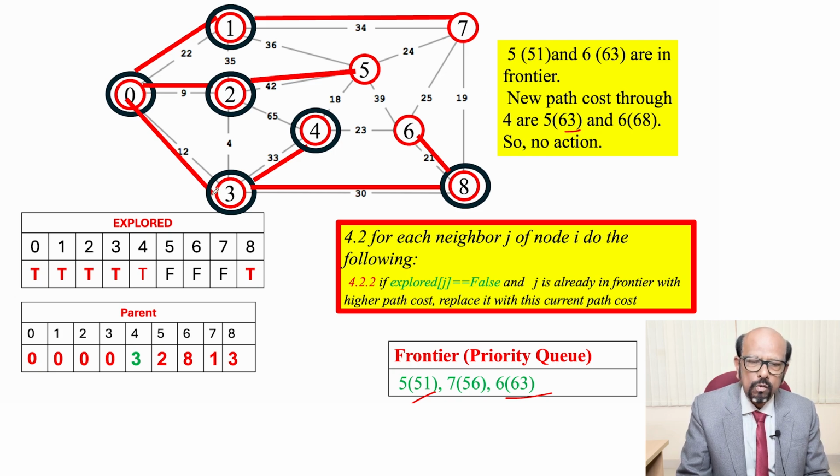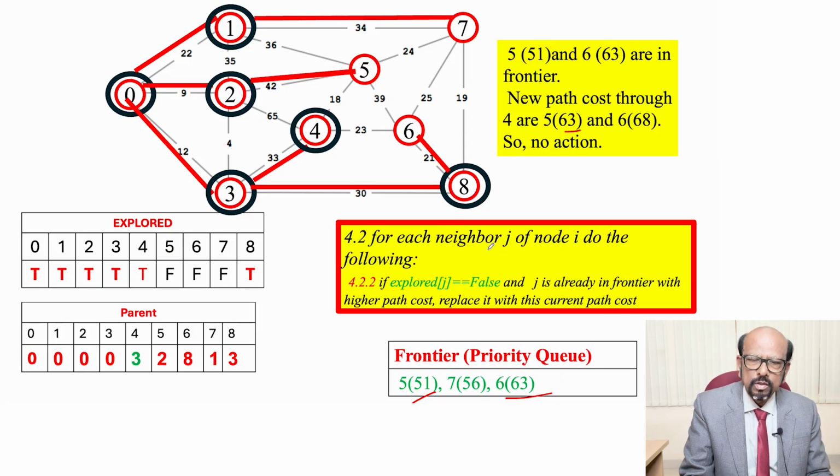Look at it, 12, 33 and 18. It is 63, which is not advantageous. Similarly, for 6 also, you look at it, 12, 33, 23, which is 68. 68 is not advantageous because already there is a path with 63. So, no action.